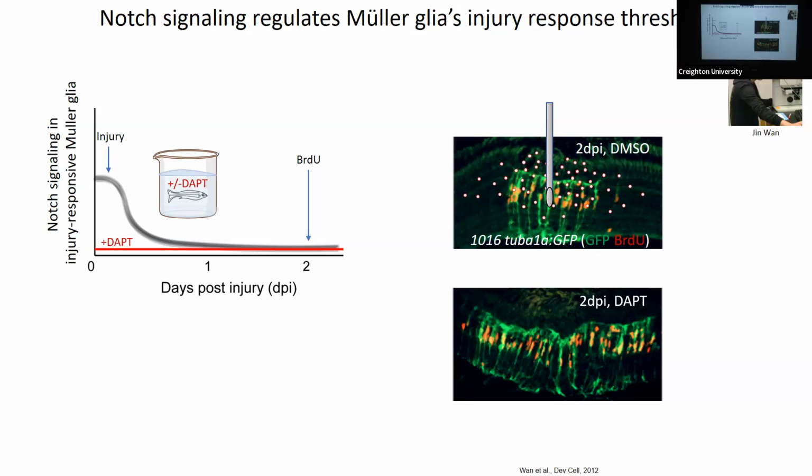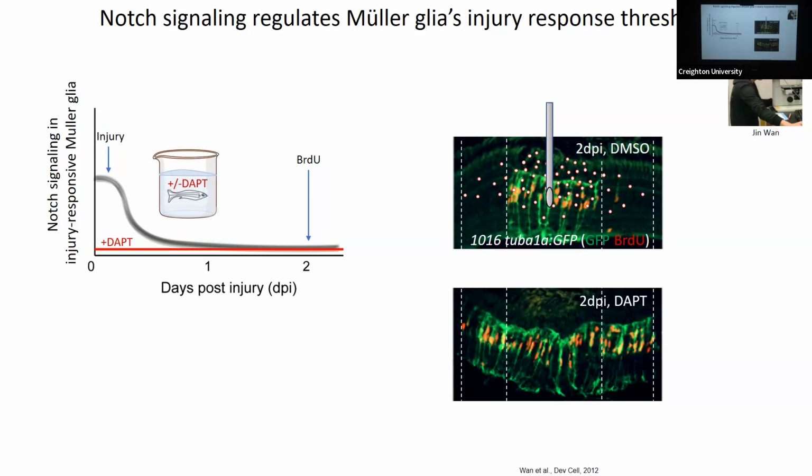There's a gradient of injury-responsive factors released, with the highest concentration where the Müller glia are responding. At the peripheral regions where the concentration is low, normally they don't respond, but we feel we've lowered the Müller glia's injury response threshold, so now they can respond to these lower concentrations of factors.